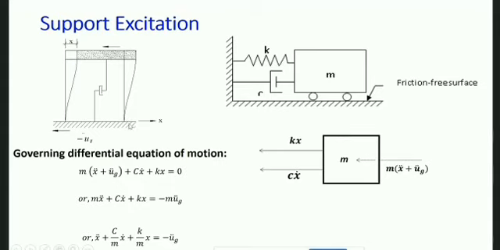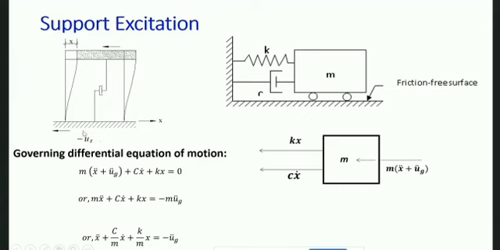Now, when an earthquake comes, say this is the positive x direction in which we will measure the lateral movement. When the earthquake suddenly comes, the ground starts moving in the negative x direction with a value, say, ug double dot.